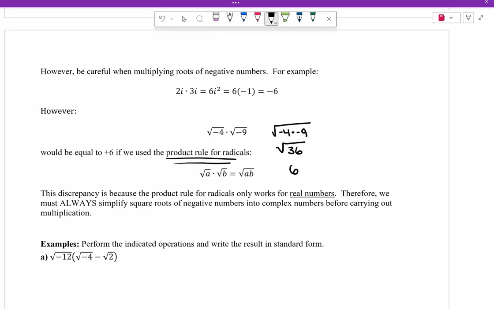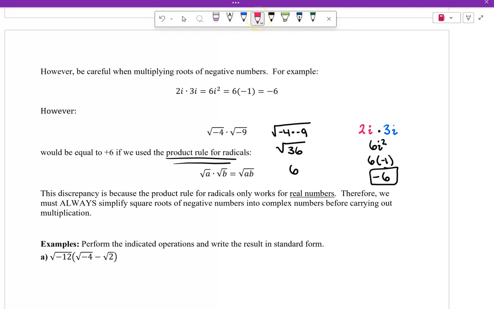But notice what happens when I take my i's out. If I change this to 2i, and then I multiply that times my 3i, together I will get my 6i squared. Then I can change that to 6 times -1, and I actually get the -6 that I need.